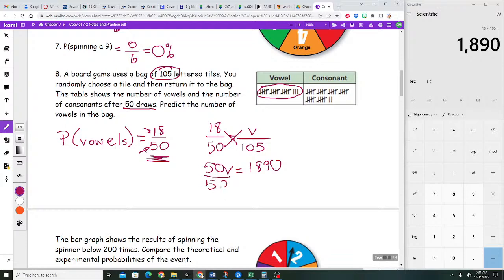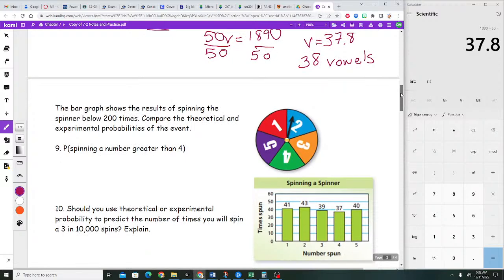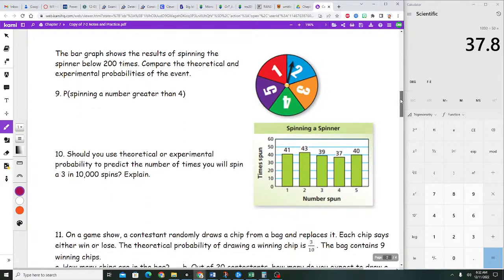We divide both sides by 50. 1,890 divided by 50 gives us 37.8. Now you can't have 37.8 vowels, so we're going to round this up to 38 vowels. That's our prediction. We could be wrong, but our prediction is reasonable. We used math and we used a reason behind a prediction instead of just gut feeling.